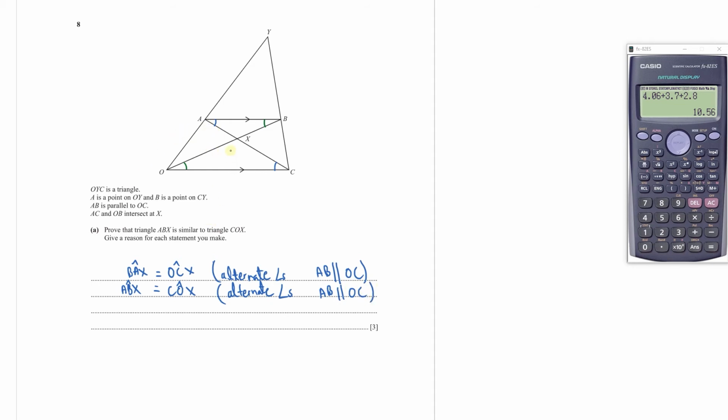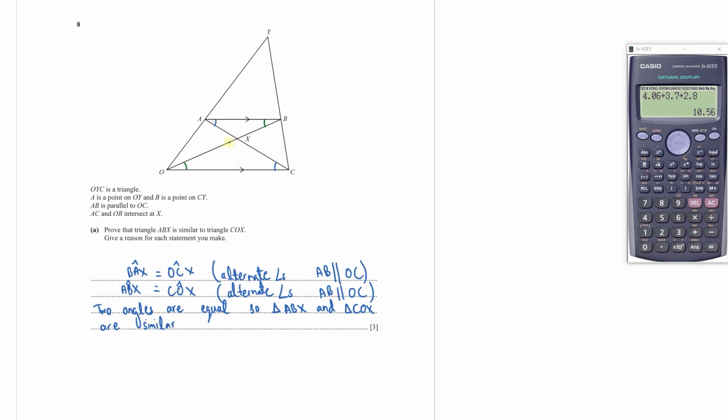You have shown that two angles are equal, so triangle ABX and triangle COX are similar.